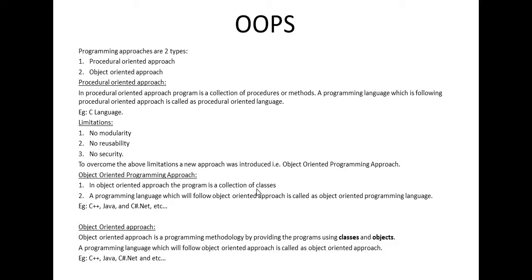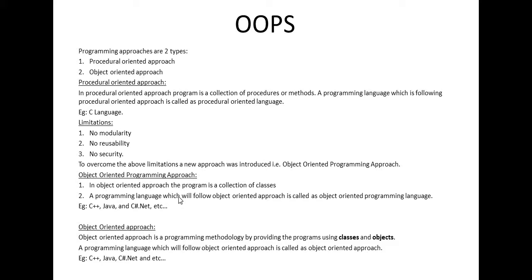A programming language which follows the object oriented approach is called an object oriented programming language. For example, C++ language, Java language, C#.NET and VB. These programming languages all fall under the object oriented programming approach.